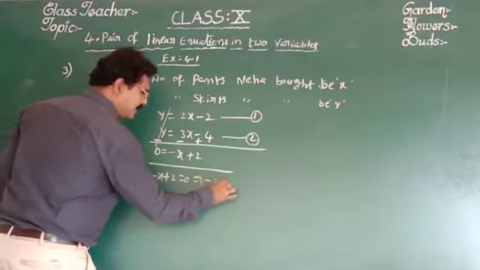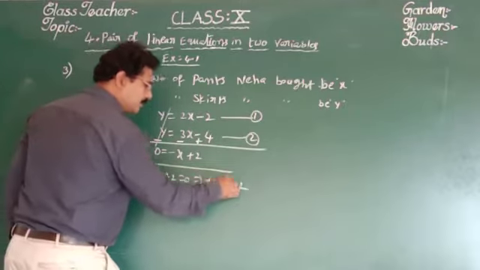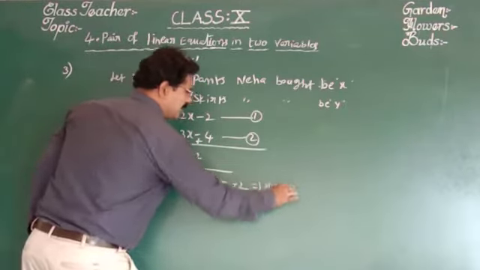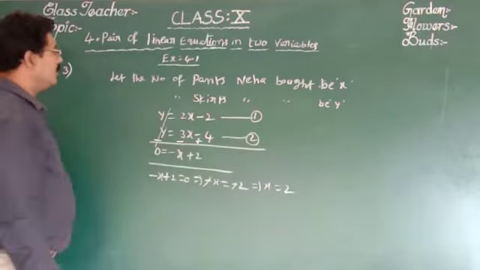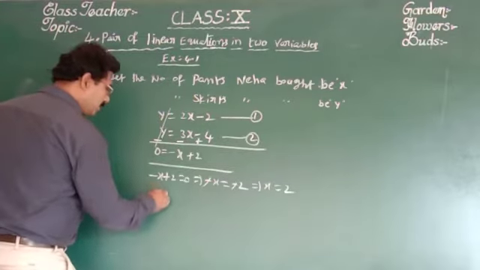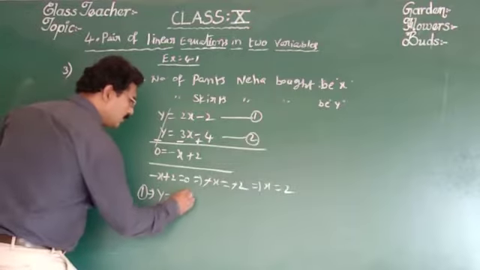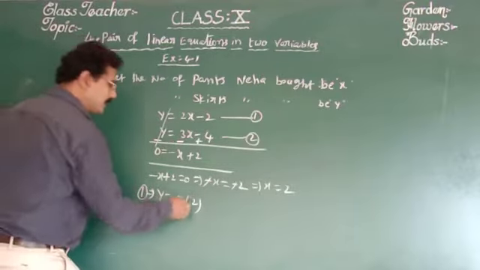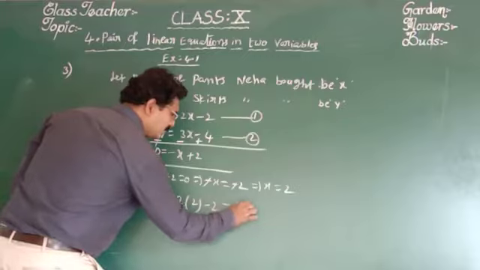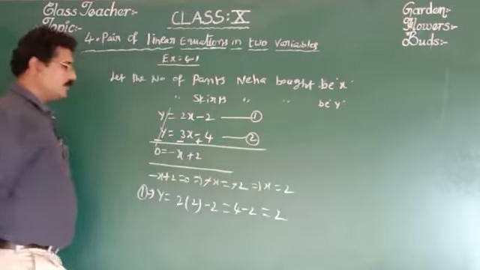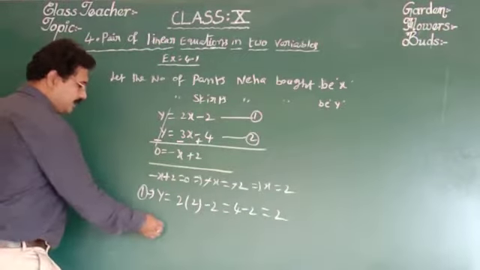That implies minus x is equal to minus 2, so x is equal to 2. Now what is y? From equation 1, y is equal to 2x minus 2, that is 2 into 2, 2 twos are 4, minus 2. This is also 2.